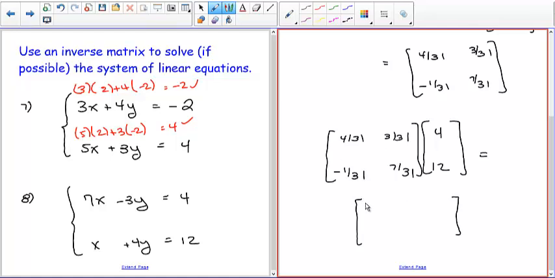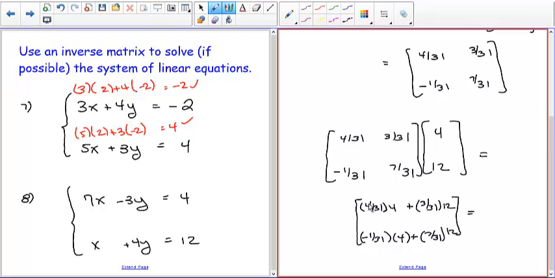So you're going to have 4 over 31 times 12 plus 3 over 31, pardon me, times 4. This times that, and that times that, so that's times 12. And then here the second row is negative 1 over 31 times 4 plus 7 over 31 times 12.